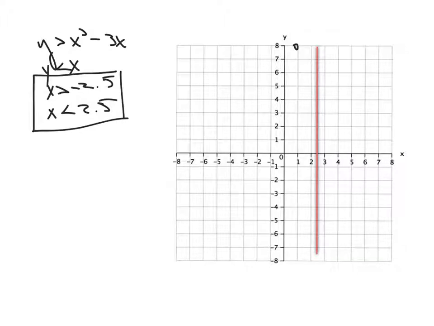Okay, so my x has to be a number less than that. I also know that it says x has to be greater than negative 2.5. So I know that my x value has to be somewhere in between here, which means no matter what my graph looks like, my answer has to be somewhere in here within these boundaries.